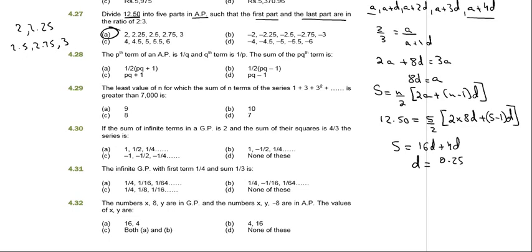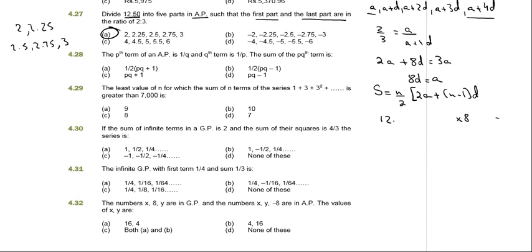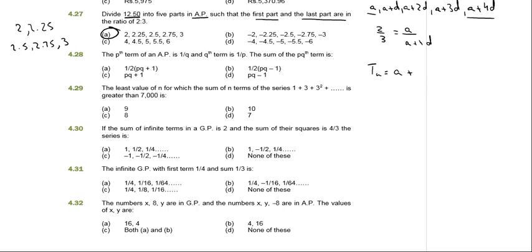Moving to 4.28. 4.28 says that the pth term of an AP is 1 over q. We know that any term in an arithmetic progression is denoted by a general formula, which is term n is equal to a plus n minus 1 d.